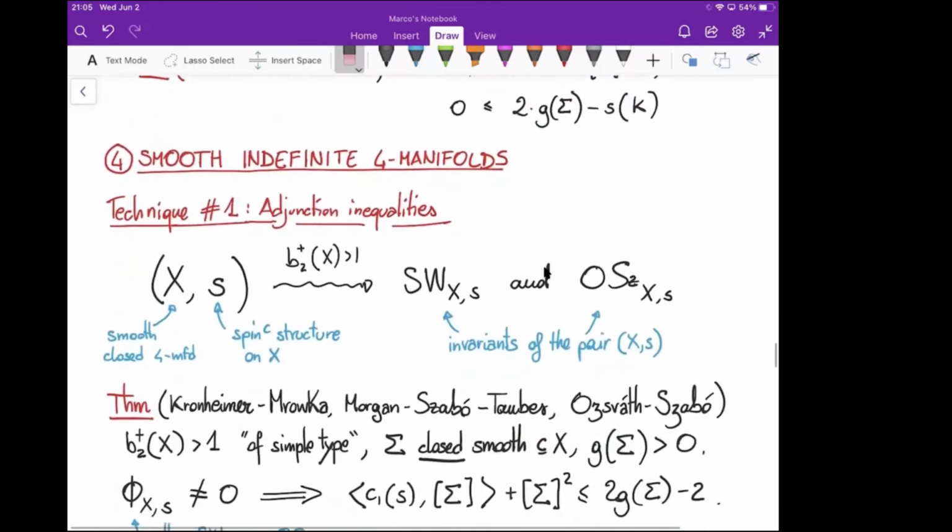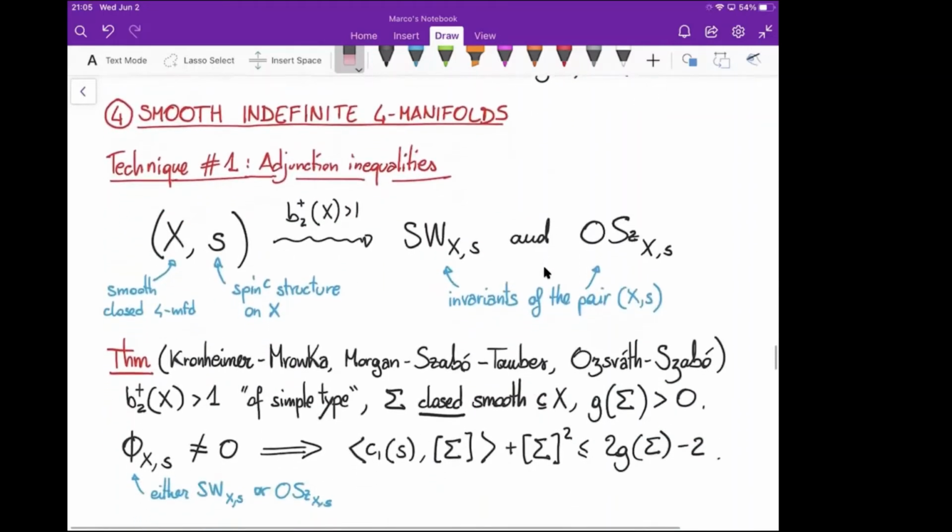So you have the first Chern class of s, a two-cohomology class, paired against the class of sigma plus sigma squared, less than or equal to 2g of sigma minus 2.